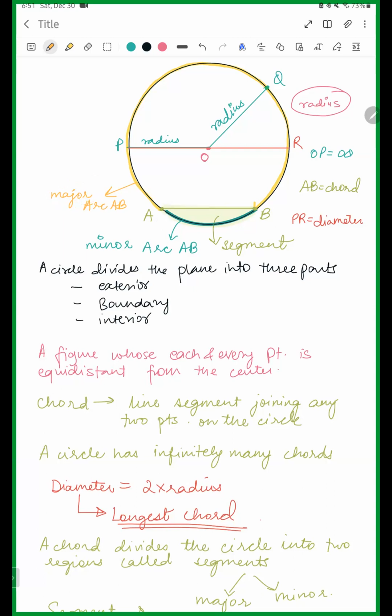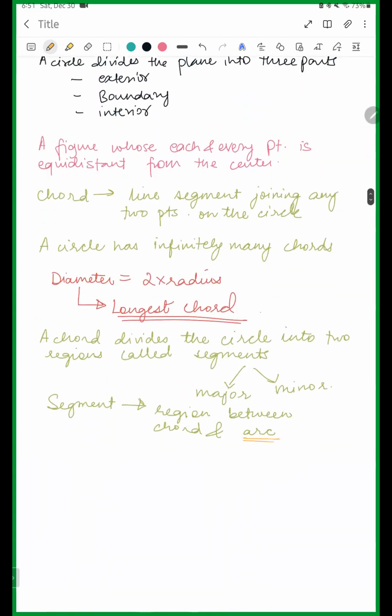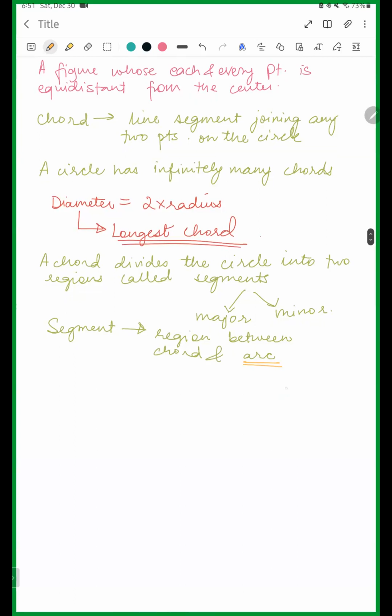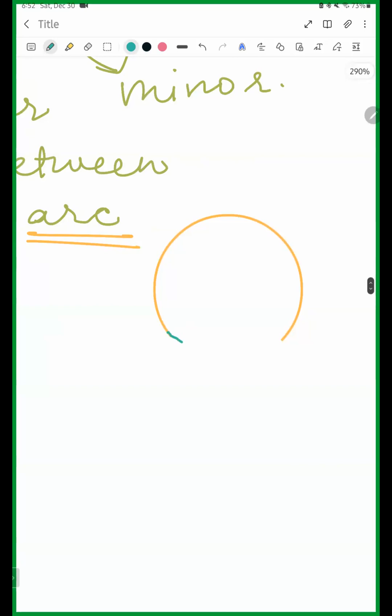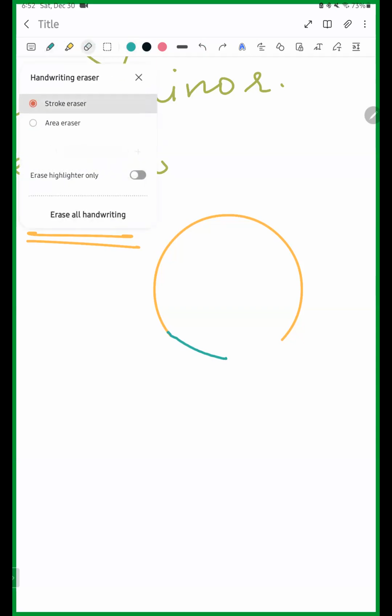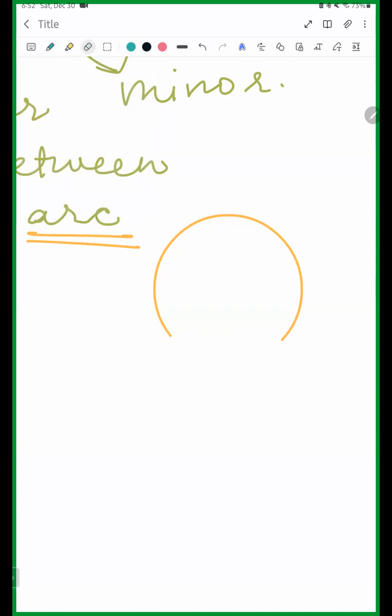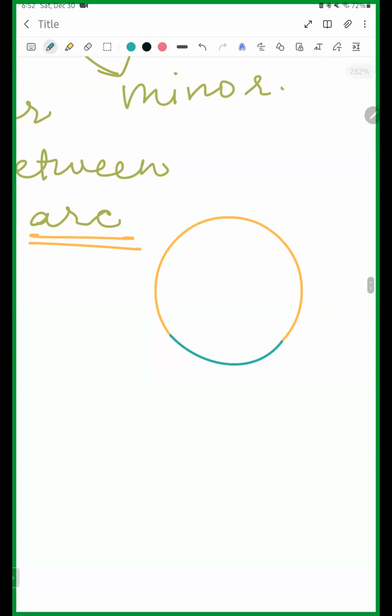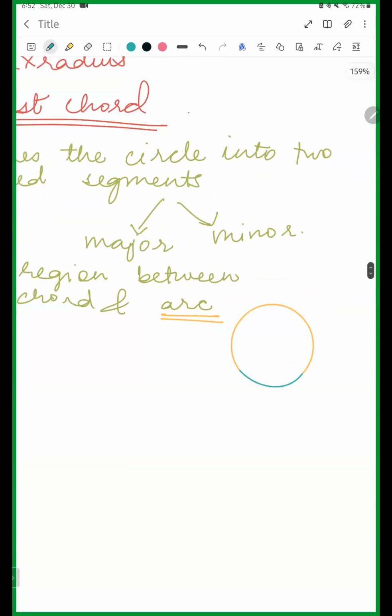Okay. So if you want to think about it like this, what is an arc? If your circle is like this, and if I erase this portion of the circle, and I just make it like this, both of these are your arcs.